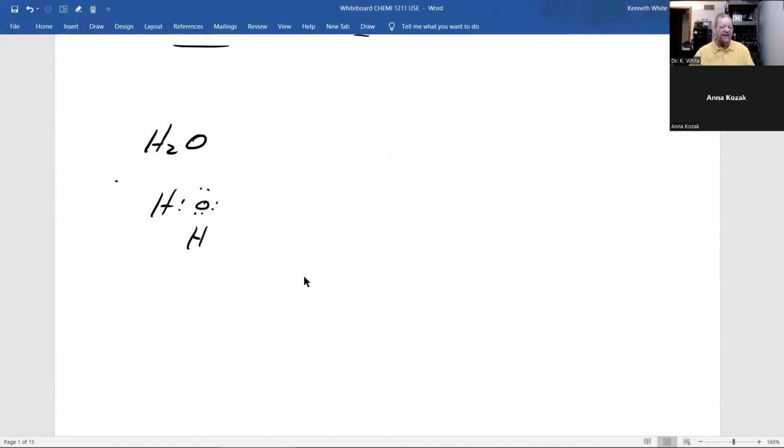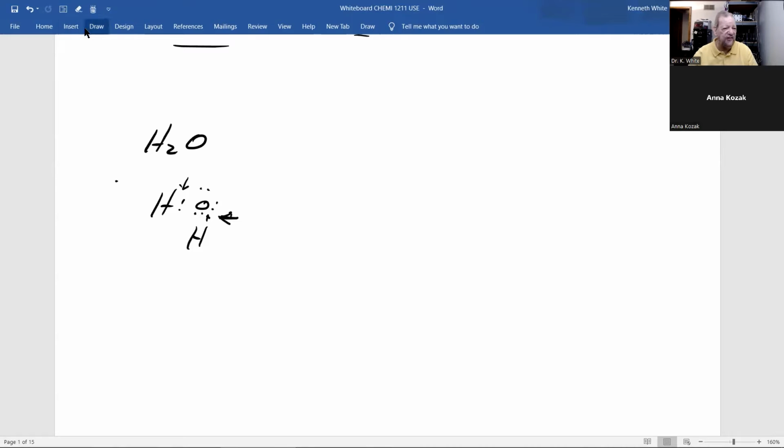And I'm showing water drawn this way. This is the Lewis structure. Now, here's a pair of electrons, and here's one. Oxygen is stronger than hydrogen, so they're sharing electrons closer to the oxygen.